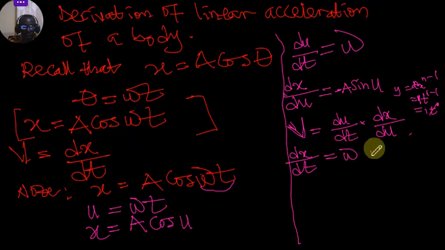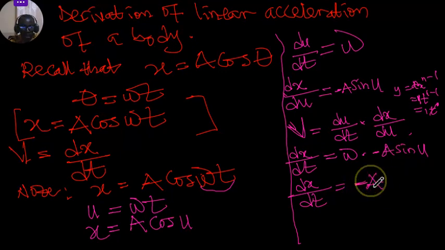That is omega. Multiplied by minus a sine u. Are you there? Okay. So dx over dt becomes minus a, bring this omega, then sine u.